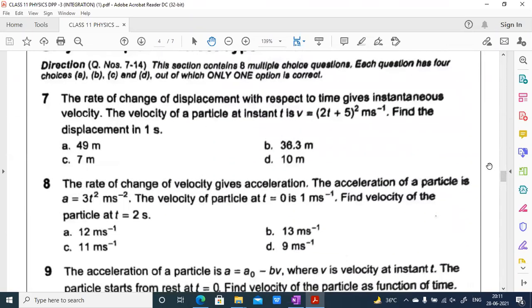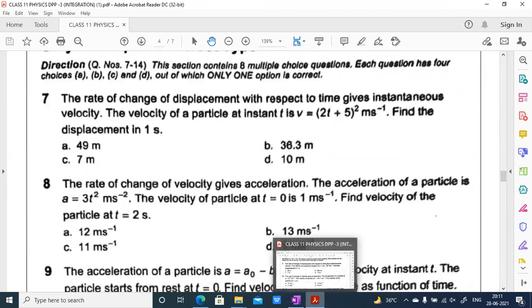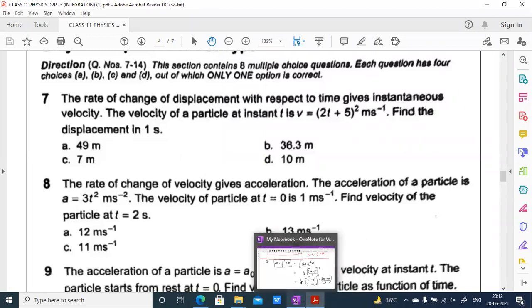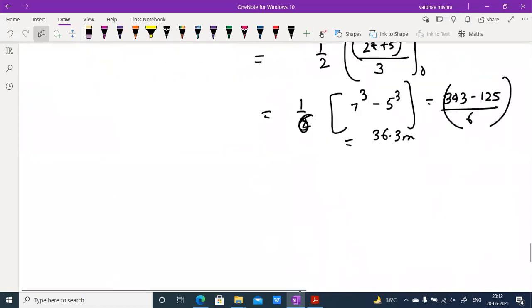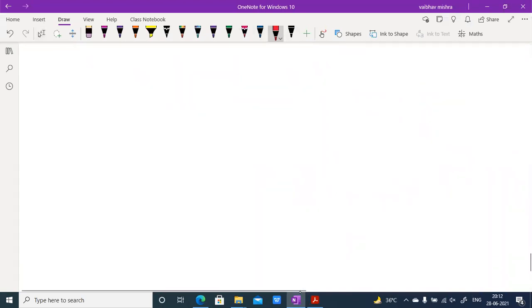अब जैसे ये 8th है, question number 8. We have been given acceleration and we have to find the velocity. Velocity with the help of acceleration. Displacement with the help of velocity function. Now we have to calculate velocity using acceleration time relation.